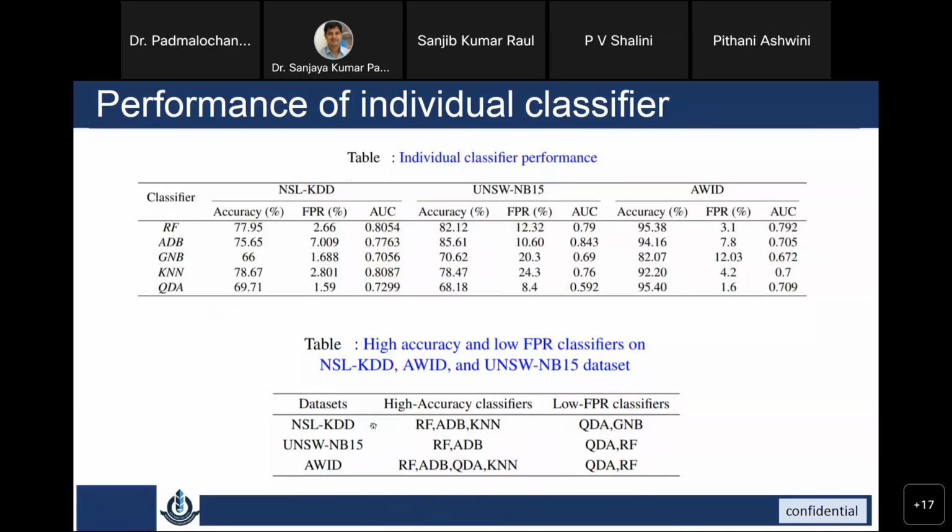If you have the NSL KDD dataset, sometimes you do not have access to the AWID or UNSW NB15 datasets, or you may not have that much server space for storing them, or performance may be a concern.